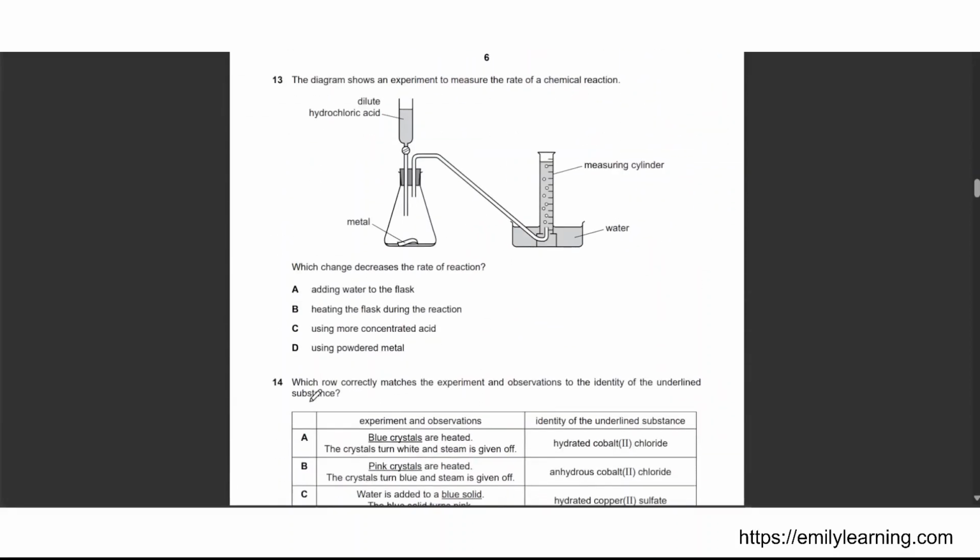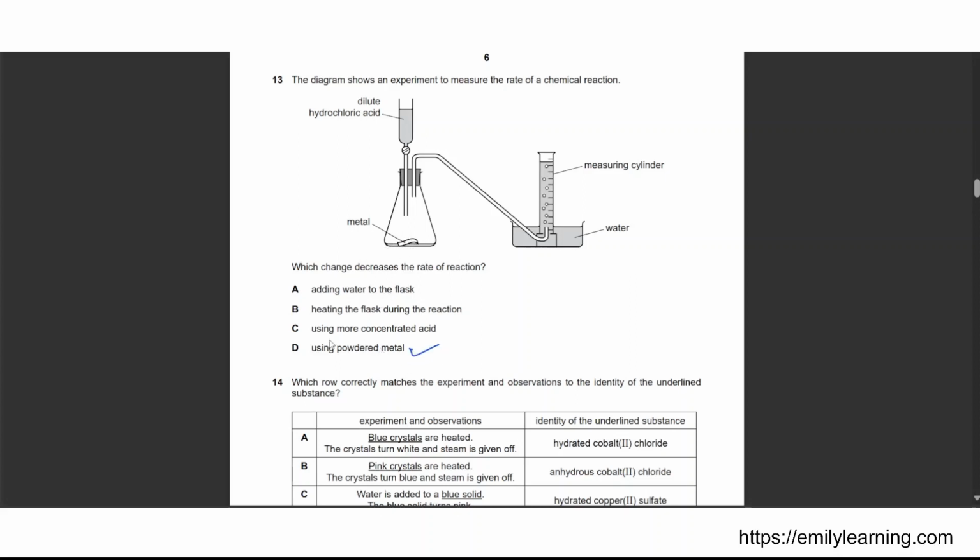Moving on to question 13, the diagram shows an experiment to measure the rate of a chemical reaction. So what changes increase the rate of reaction? Basically we're adding metal to dilute acid, and then we are going to measure the volume of hydrogen that is being produced at different time intervals to check what is the rate. So how do you increase the rate of the reaction? We can increase the surface area by making the metal into smaller pieces.